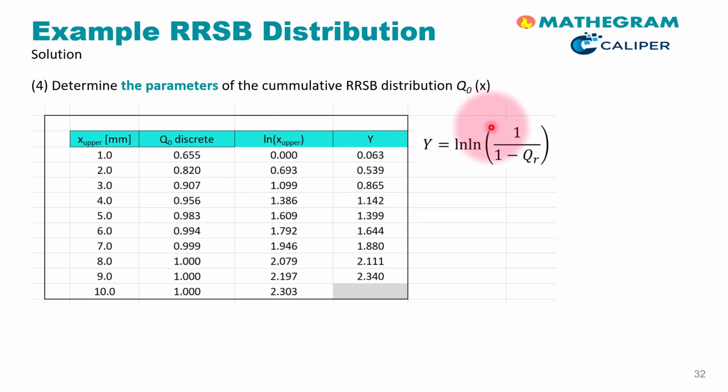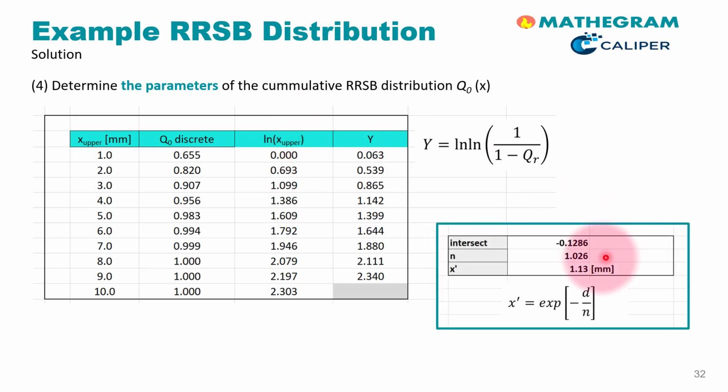This shows that we should fit a transformed Q0 value, here denoted as y, which is equal to the double logarithmic function shown here on the right. The transformed particle size should be the logarithm of the upper class limit x_upper, as you see here.